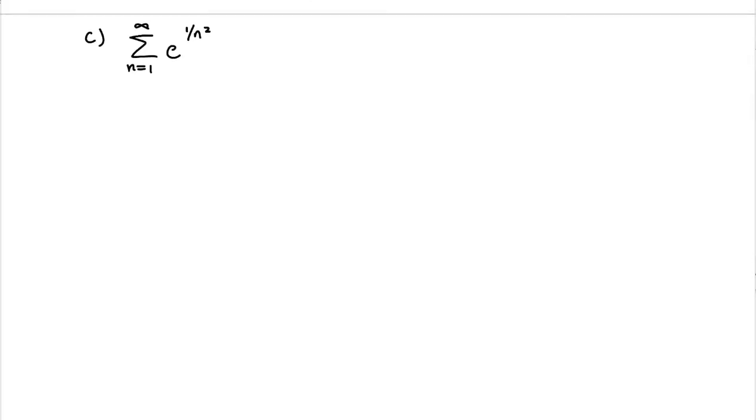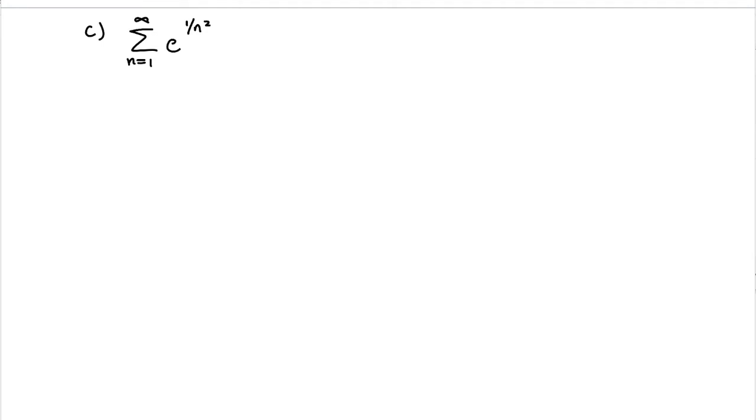For part C, we have e to the 1 over n squared as our series, ranging from 1 to infinity, and we'll take a look at the limit as n goes to infinity of e to the 1 over n squared.